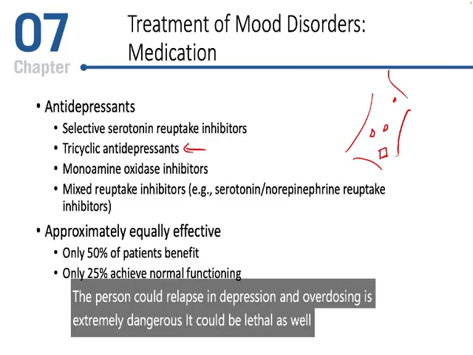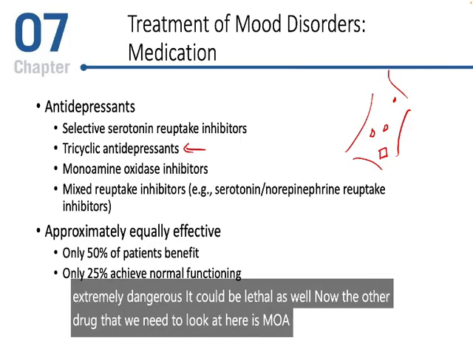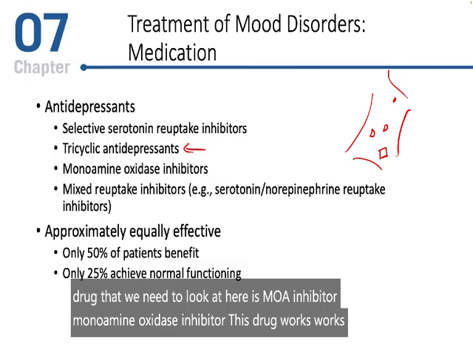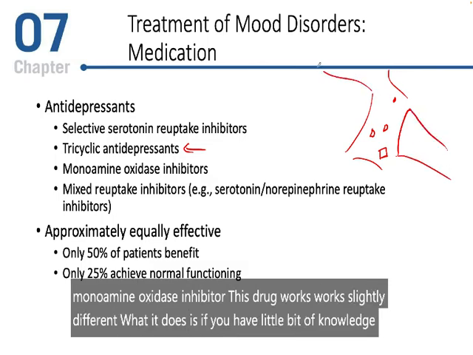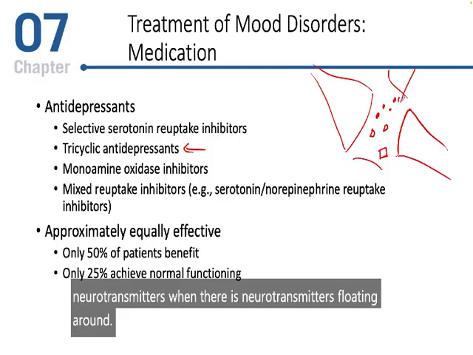Now, the other drug that we need to look at here is the MAO inhibitor, monoamine oxidase inhibitor. Now this drug works slightly differently. If you have a little bit of knowledge of neurotransmitters, when there are neurotransmitters floating around, there are two things that could happen.